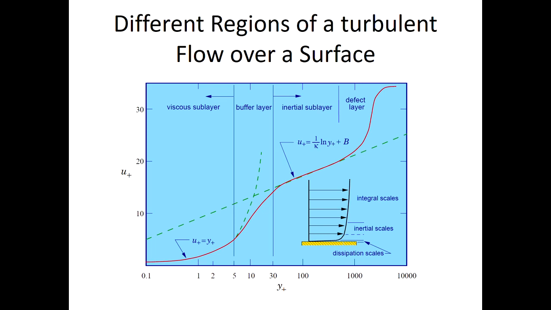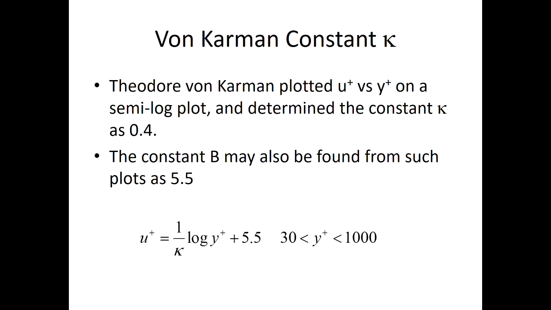After the Second World War, Prandtl stayed in Germany, but Von Karman came to Caltech, where he made further contributions to our country's aeronautics and also space development. The JPL lab, he had a lot to do with it. So the Von Karman constant is 0.4 and the B is 5.5. This works for a broad range of y plus from 30 to 1,000.